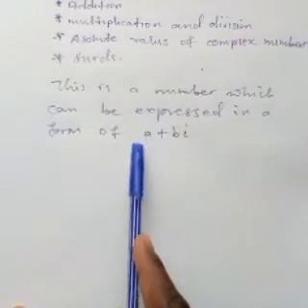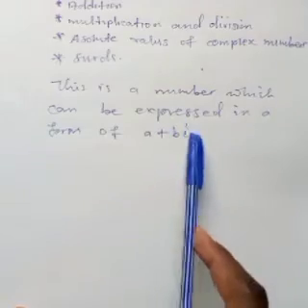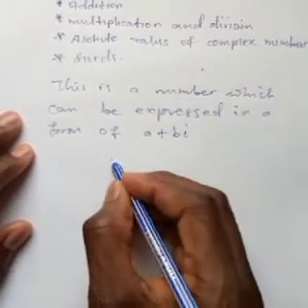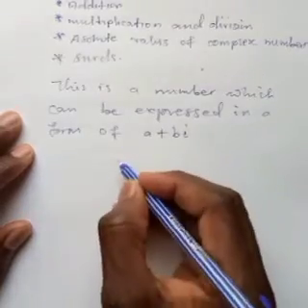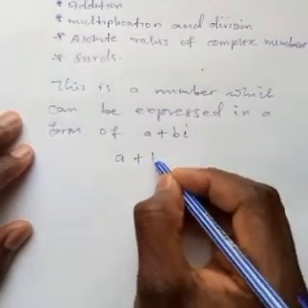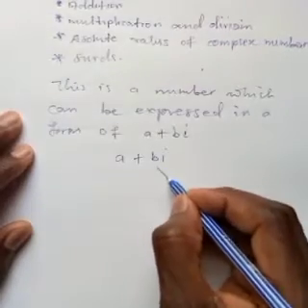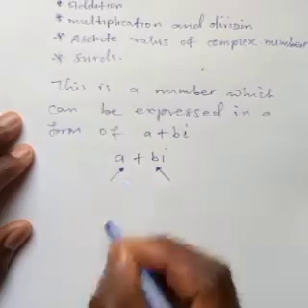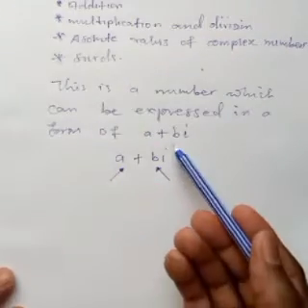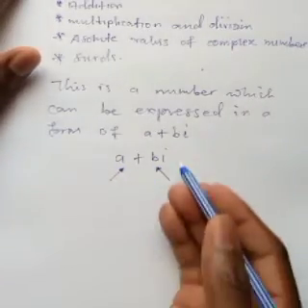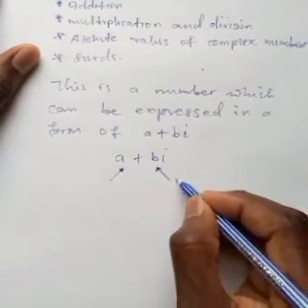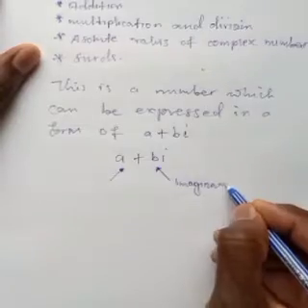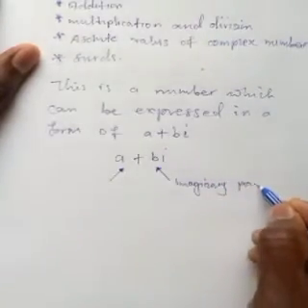Alright, so from the definition, you are going to understand that we have two different parts. We have this part which is not having i, and the other one which is having i. How do you name these given parts of the complex number? If you have a plus bi, this one is given its own name, and also this one is given its own name. So the part which has i, we call it the imaginary part.